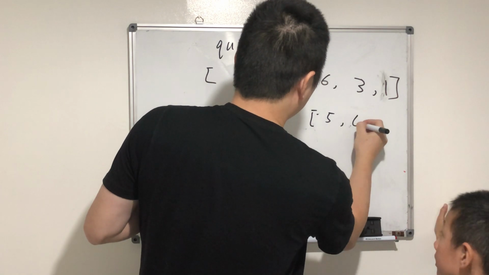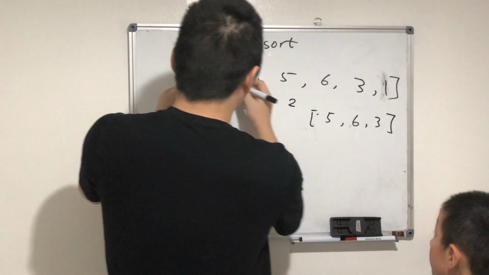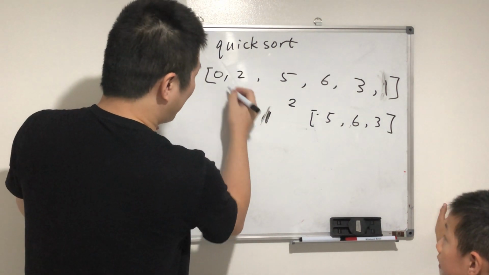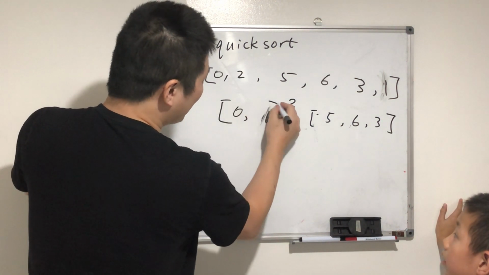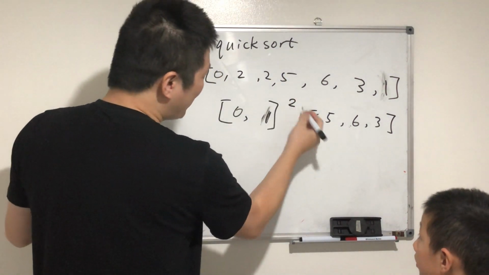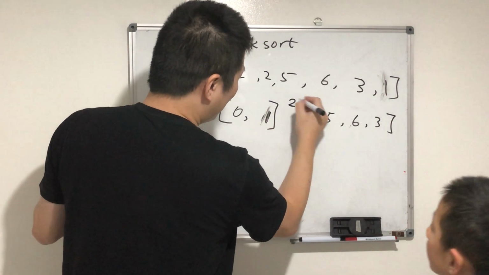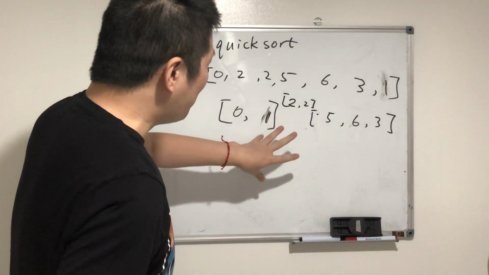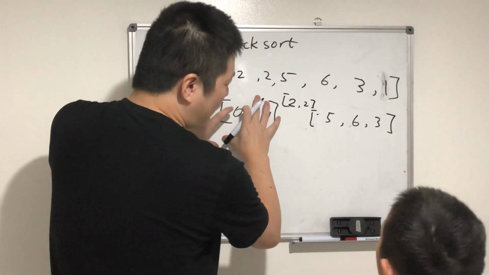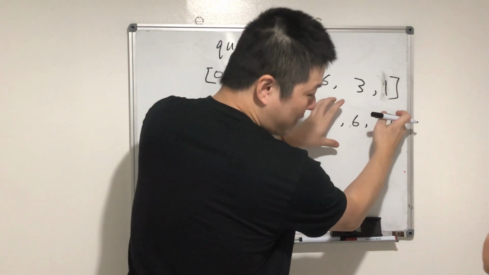And maybe I put one more 0 here, so the smaller part will become 0, 1. And if I put another 2 here, how many 2s are there? There are 2. So now we got the smaller part, the equal part, and the bigger part.